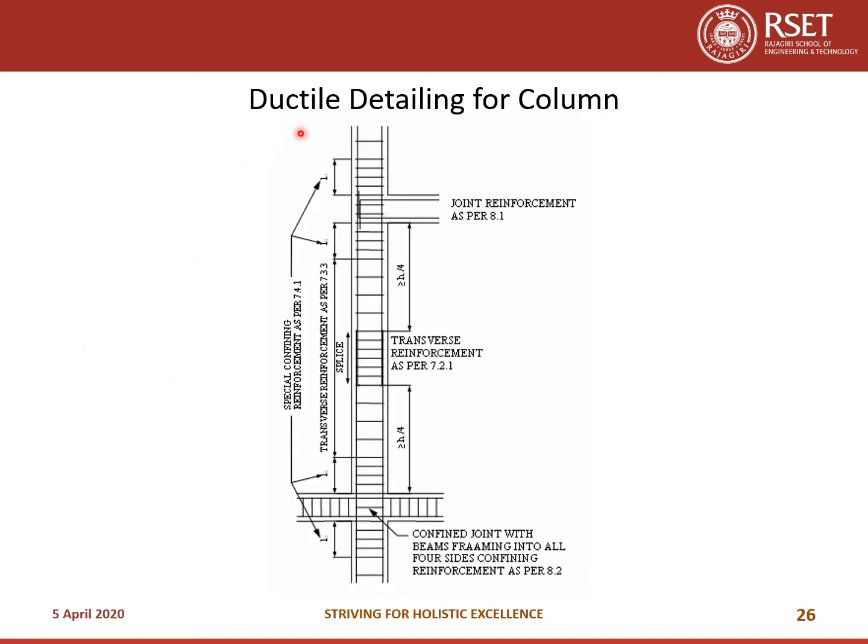So this is the ductile detailing for the column as per IS 13920-2016. So in this lecture we discussed about the RC ductile detailing for beams and columns as per IS 13920-2016. Thank you.